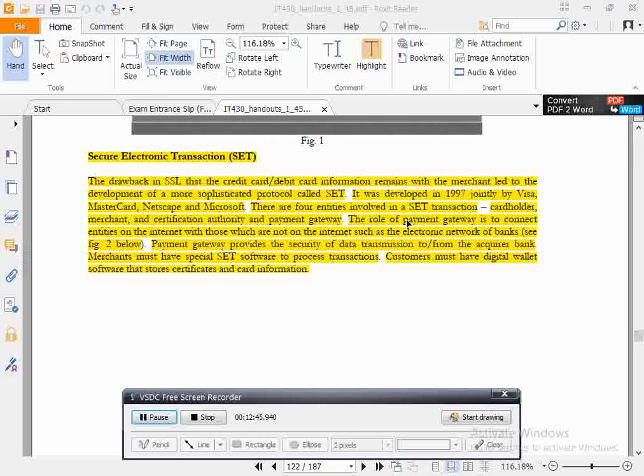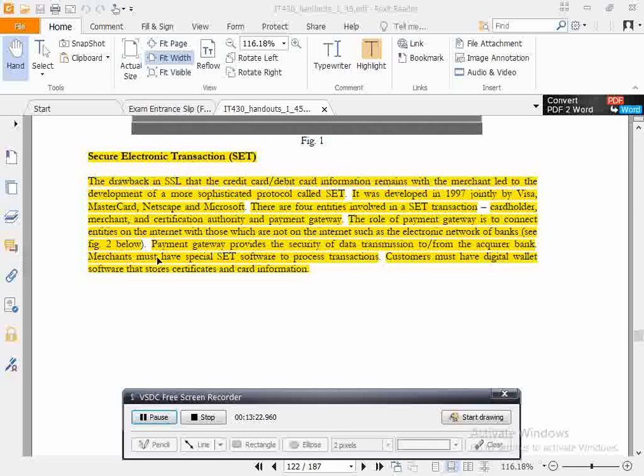The role of the payment gateway is to connect entities on the internet with those which are not on the internet, such as the electronic network of the bank. The payment gateway provides the security of data transmission to or from the acquirer bank.